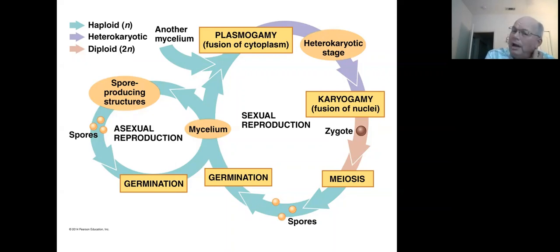So when you have a sexual reproductive stage, it requires hyphae from two fungal masses, and we talk about opposite mating types. So here we have the plus and minus mating types again. So you need a mycelium from the plus mating type and a mycelium from the minus mating type.